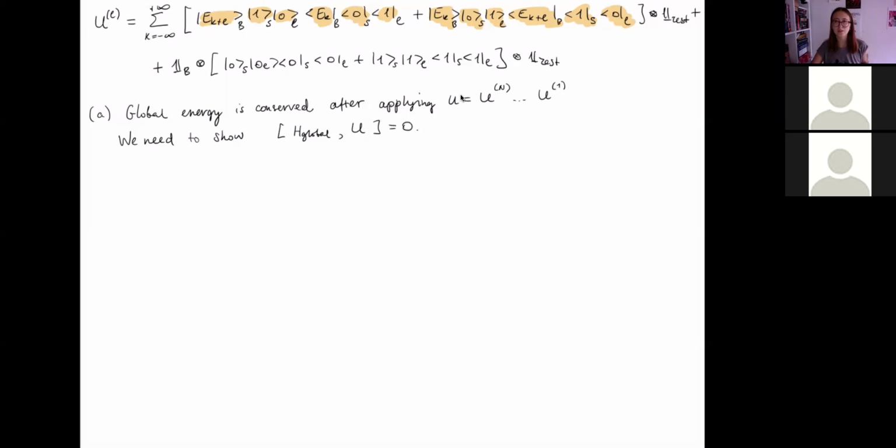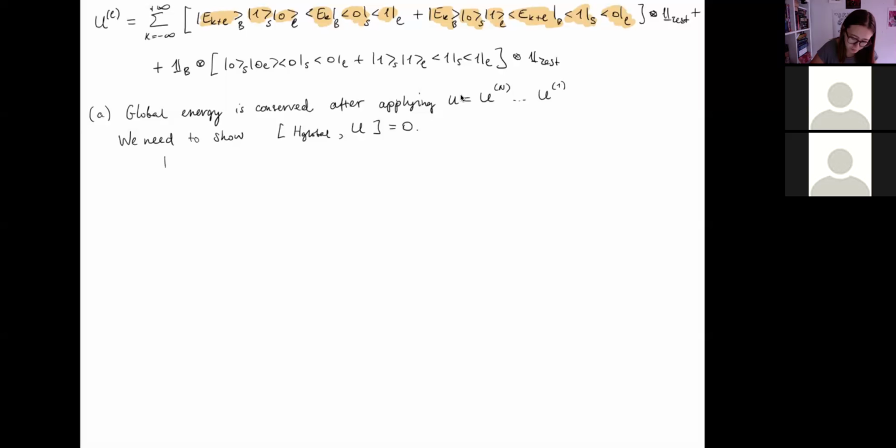To show this, it is actually sufficient to show that during each step of the protocol, so after applying each of these individual unitaries from U_1 to U_N, energy is conserved.